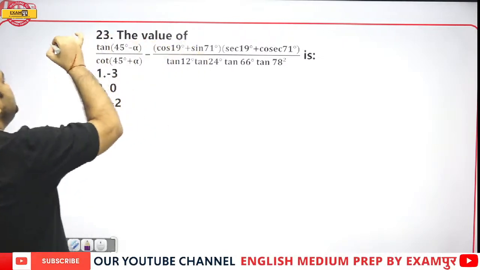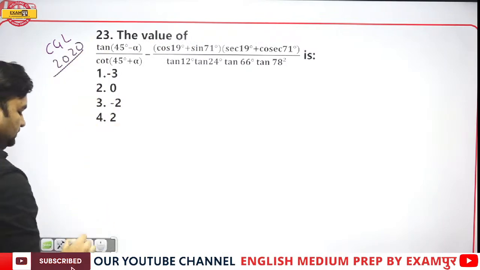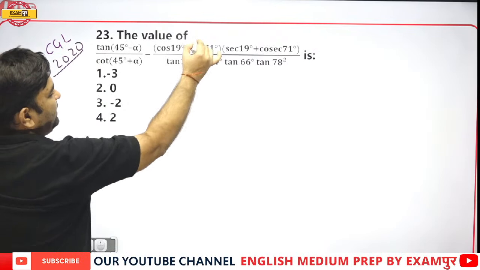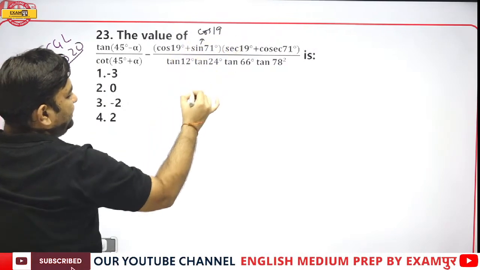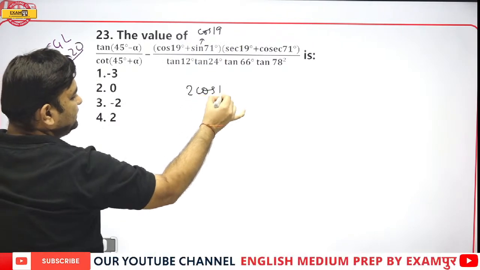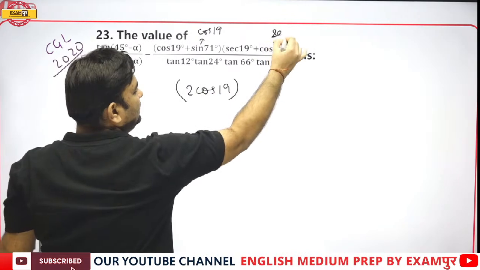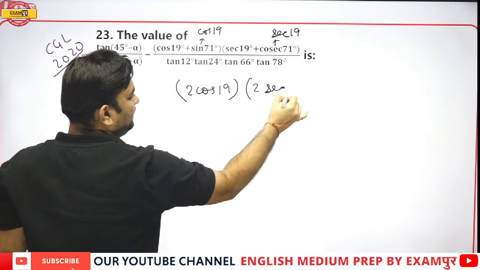CGL 2020. Write it as cos 19 complementary pair. Cos 19 plus cos 19 is 2 cos 19. Sec 19 plus sec 19 is 2 sec 19.